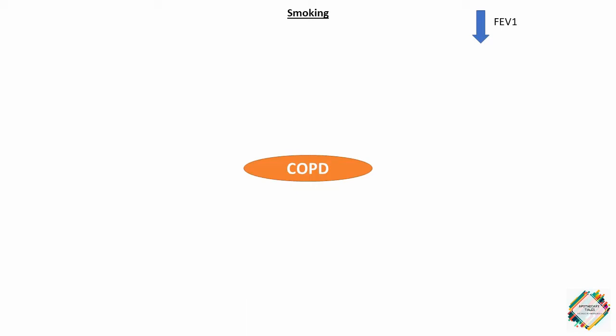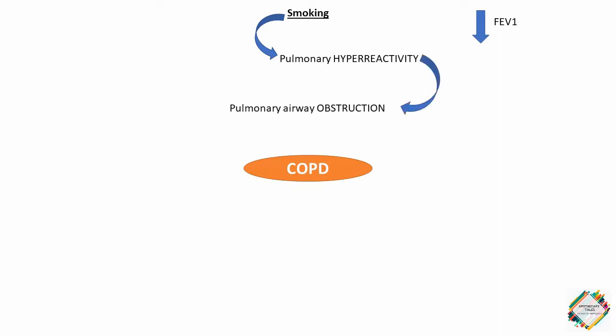The main mechanism is that smoking leads to pulmonary hyperreactivity, and this further leads to pulmonary airway obstruction. It is very important that smoking cessation and continued avoidance be recommended regardless of the stage or severity of COPD and the age of the patient.